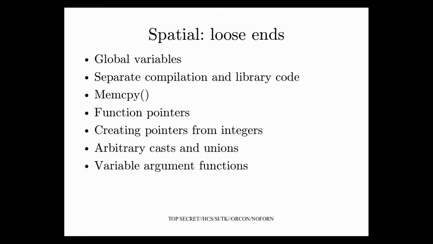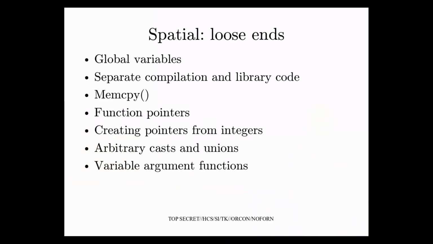Yeah, there are a couple of loose ends, things that need to be treated here. Global variables. For global variables, there's a pass that hooks into the program load and uses the .init section in ELF, and that generates the base and bound information for all the globals, so they can be accessible. Separate compilation is supported by defining an ABI to call through that.